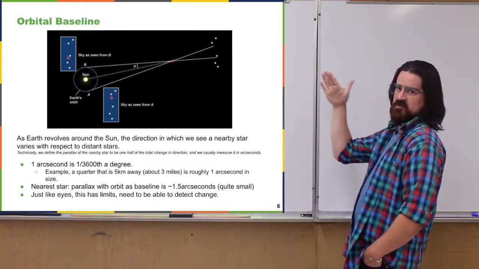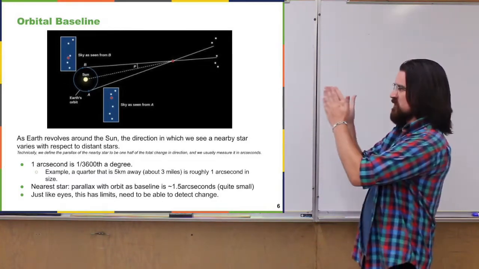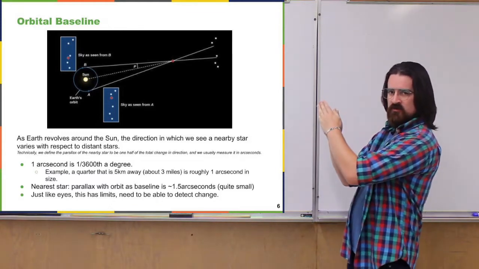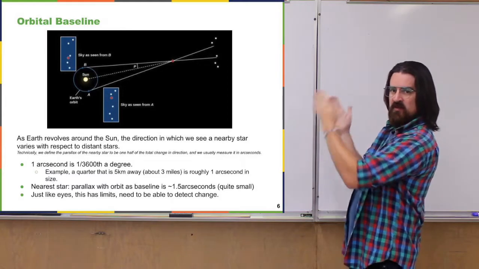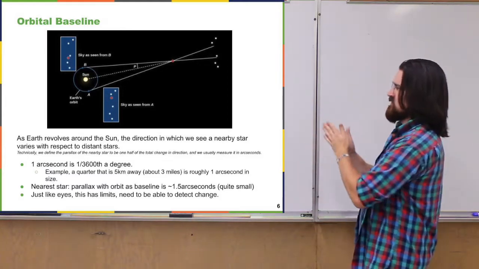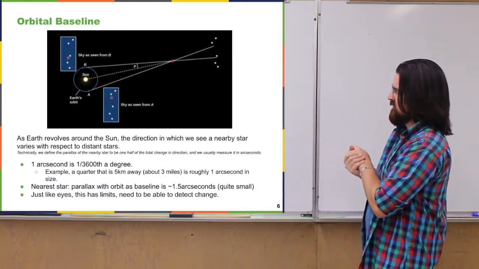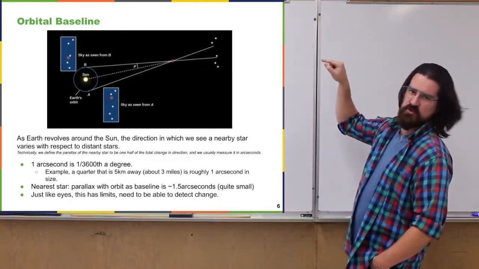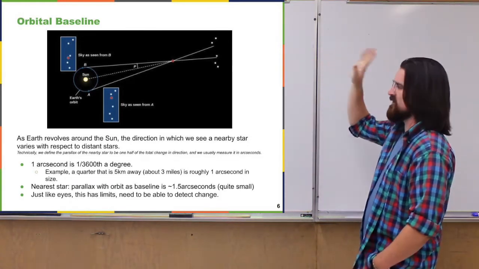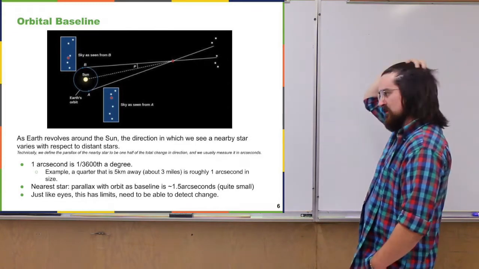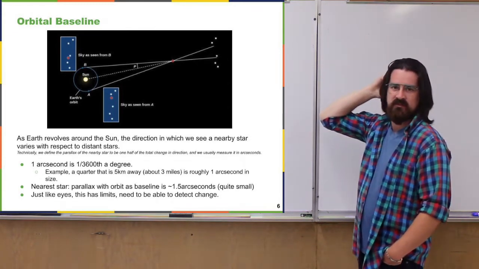So given the difference between those two pictures, we can determine that angle between those two vantage points, and then that along with the baseline, which is now 2 astronomical units, can tell us the distance to that star. So as shown in there, technically the parallax angle is just half of that angle, but for our purposes, it doesn't really matter.